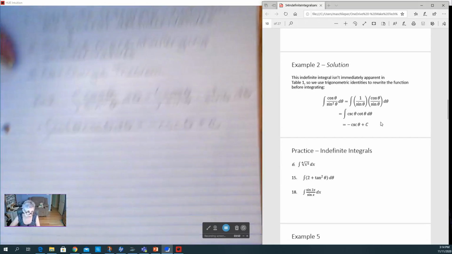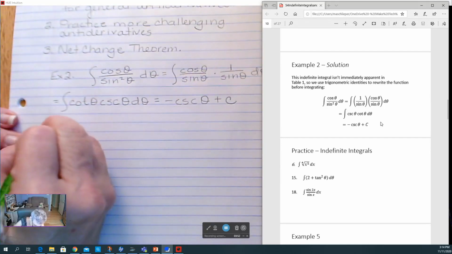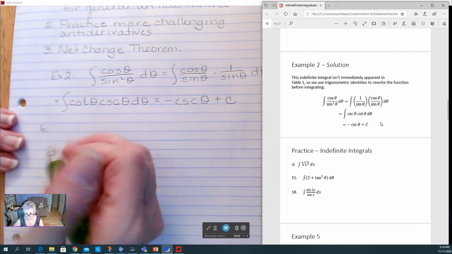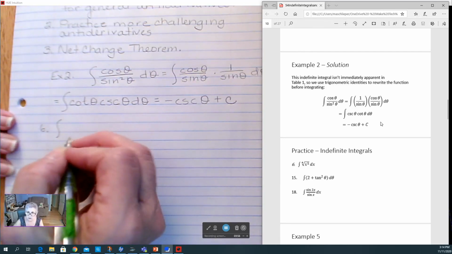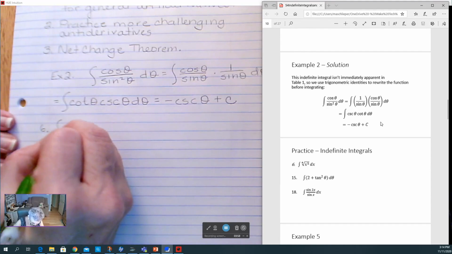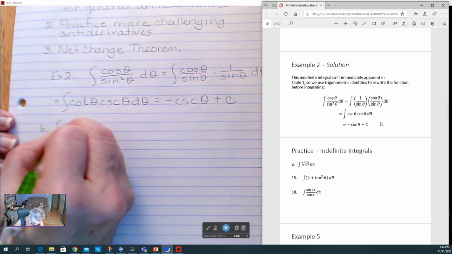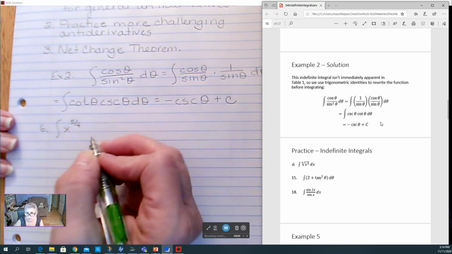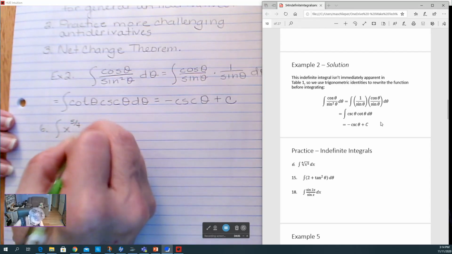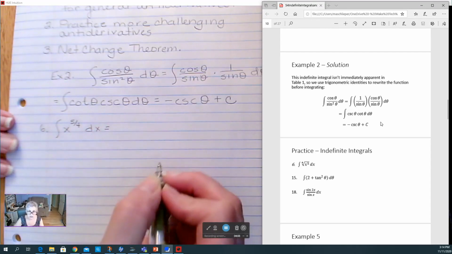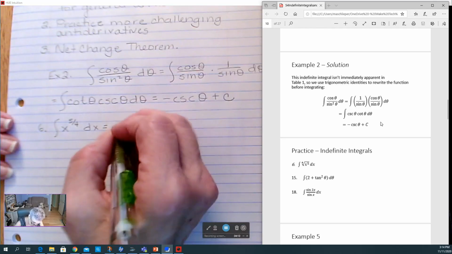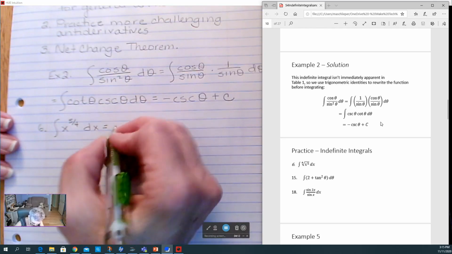Number 6 here. Not really that complicated. You just have to rewrite it with a rational exponent. So the 5 goes on top, the 4 goes on the bottom. Index always goes on the bottom. And then it's just a simple add 1 to the exponent, divide by the new exponent.